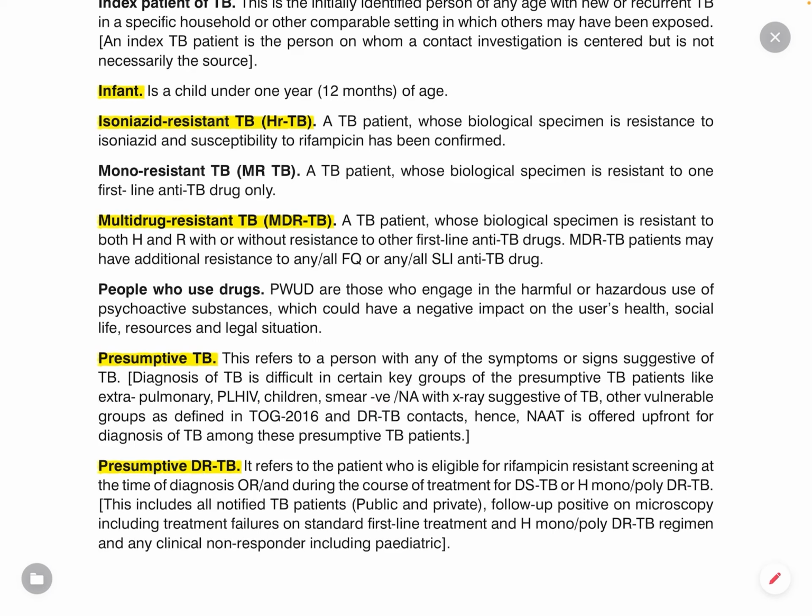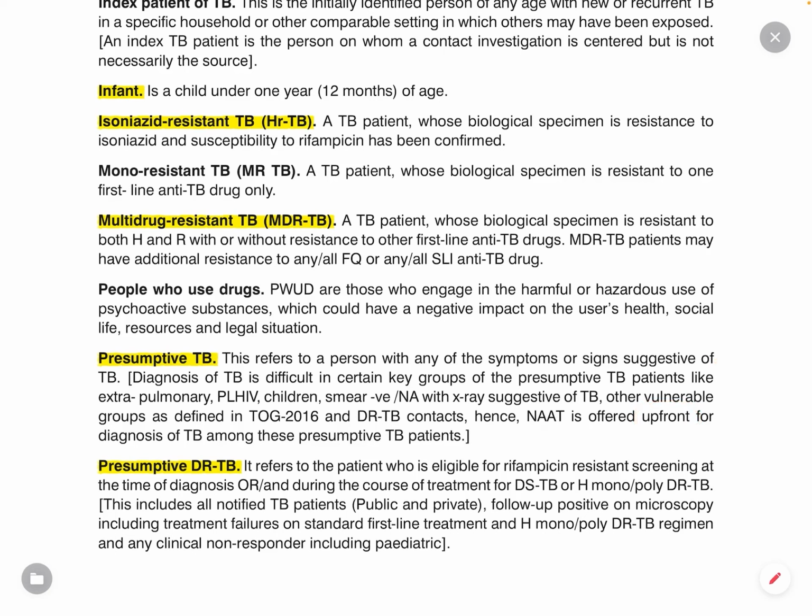All of them come under presumptive TB suspects. And slowly we are moving towards NAT upfront testing. That is, if there are any signs and symptoms, instead of doing smear microscopy and then coming to NAT, we are moving towards upfront NAT where the suspect is offered the NAT test in the beginning itself. And as you know, it is much more sensitive compared to microscopy.